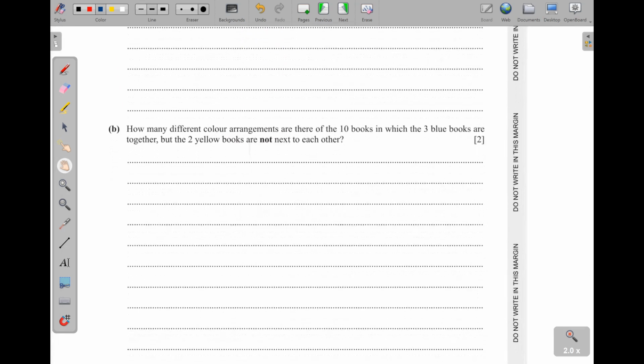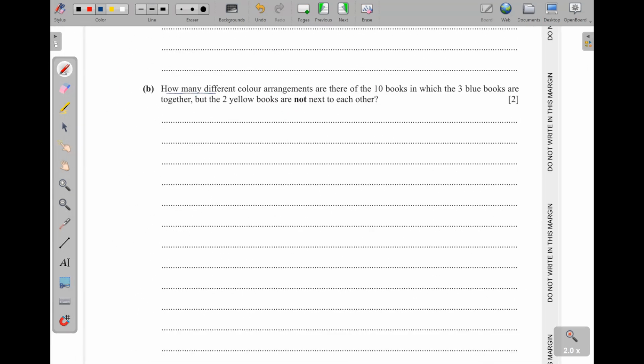Then part B. How many different color arrangements are there of the 10 books in which the 3 blue books are together, but the 2 yellow books are not next to each other? Now I can consider the 3 blue books together, and no other restriction.